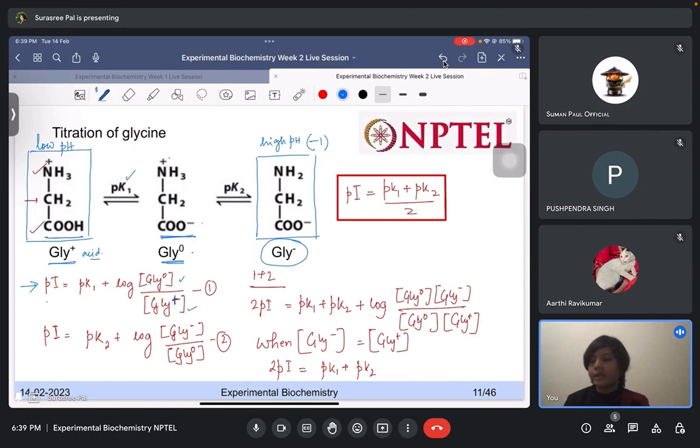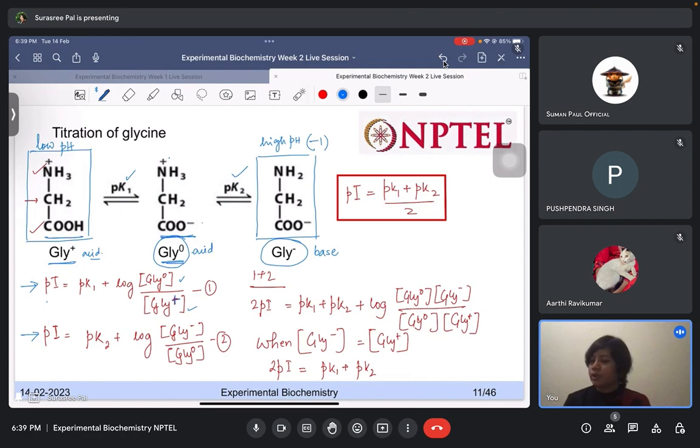If we consider it as pK2, then we can write the Henderson-Hasselbalch equation as pH equals pK2 plus log of the concentration of glycine minus. Here glycine minus is the base, and glycine 0 is the acid because it is losing the proton, and we know that acids are proton donors.